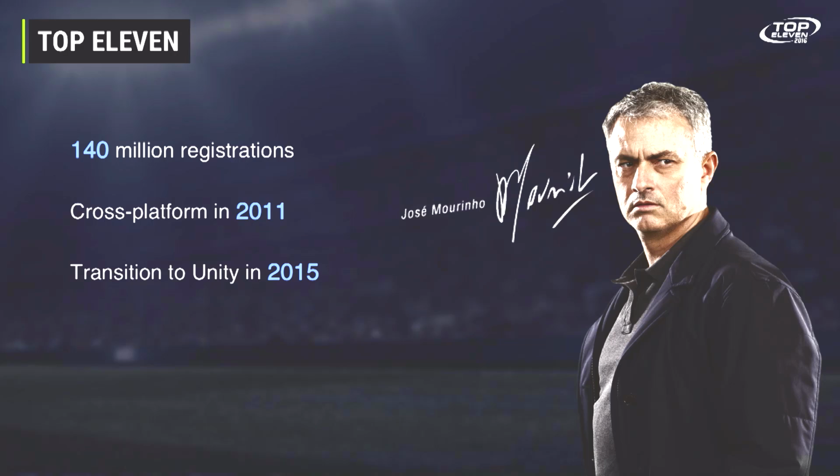Our flagship product is Top 11, one of the most popular online sports games in the world, with over 140 million registered users. And our brand ambassador here, as you can see on the slide and on my t-shirt, is Jose Mourinho, the famous football manager.